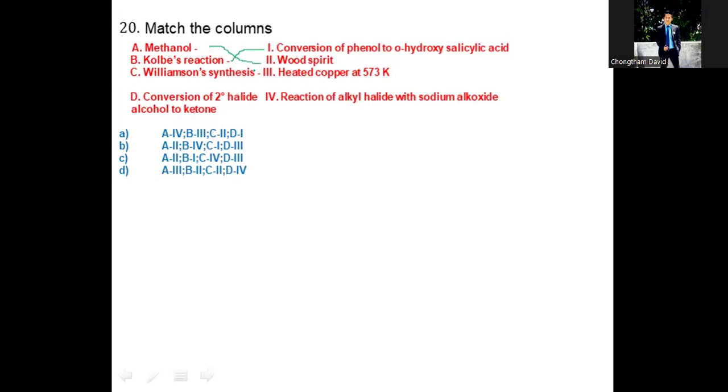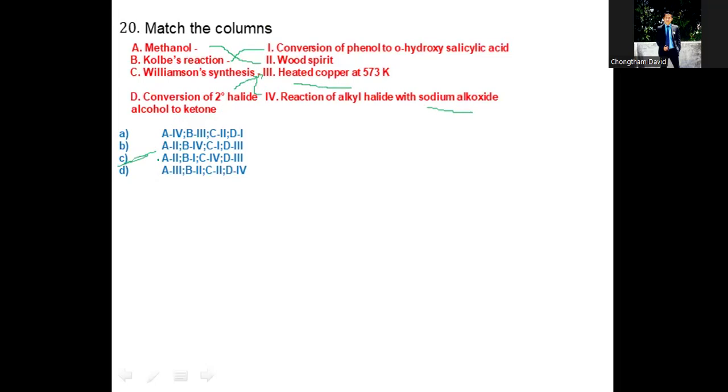And Williamson synthesis, reaction of alkyl halide with alkoxide, we have done this before. D, conversion of secondary alcohol to ketone by heated copper at 573 Kelvin. So question number 20, if you match correctly, the answer will be C. A2, B1, C4, D3, right?